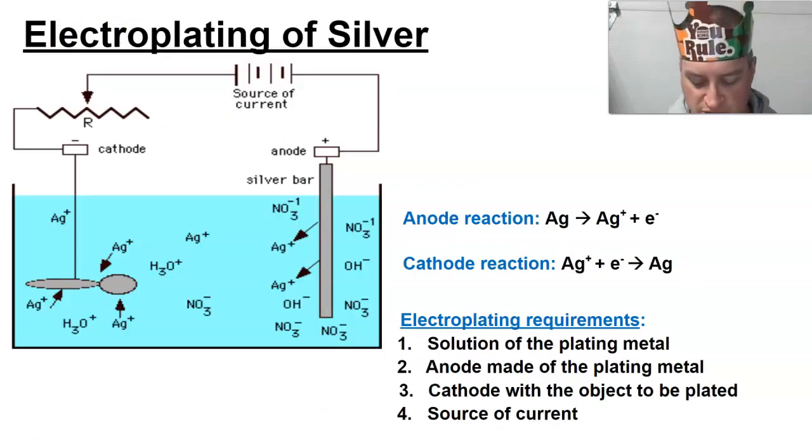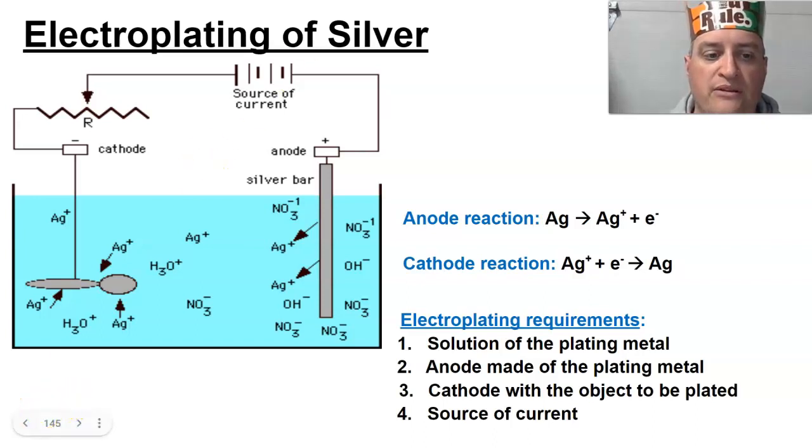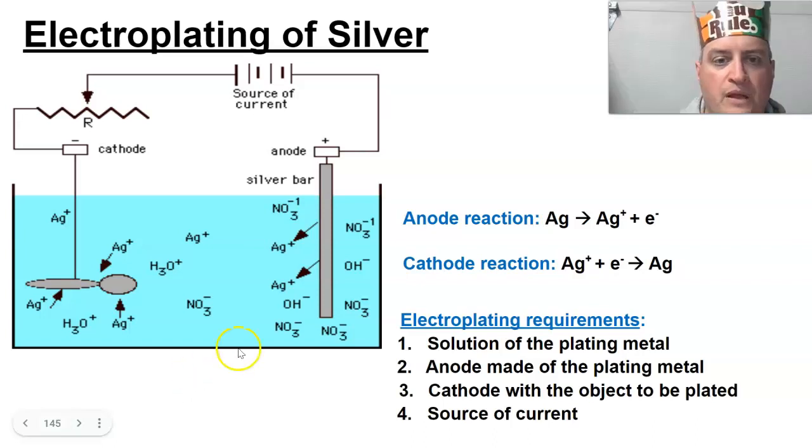The other place where this occurs is the electroplating of silver, where we're trying to get a metal onto there. So let's take a moment to look over this setup of this electrolytic cell. In this case, you can see that we have both anode and cathode in the same substance. We really don't have much of a difference in concentration, maybe locally around each, but those will be mixed out throughout.